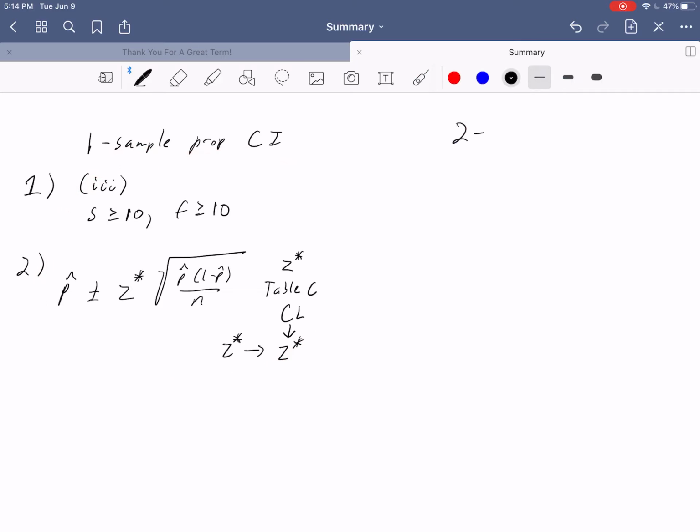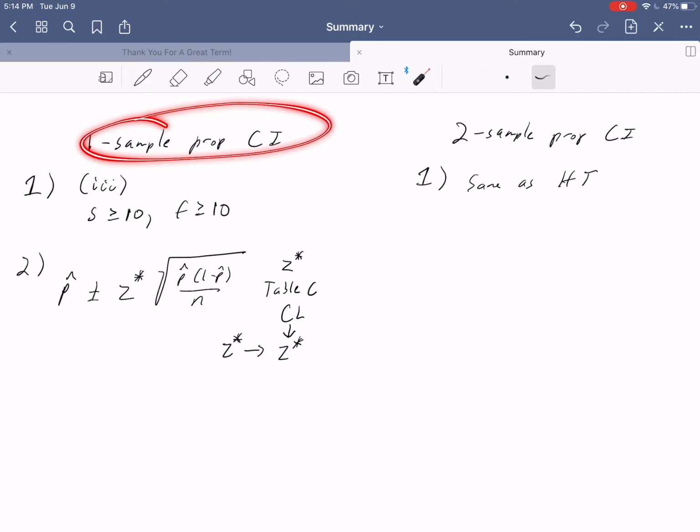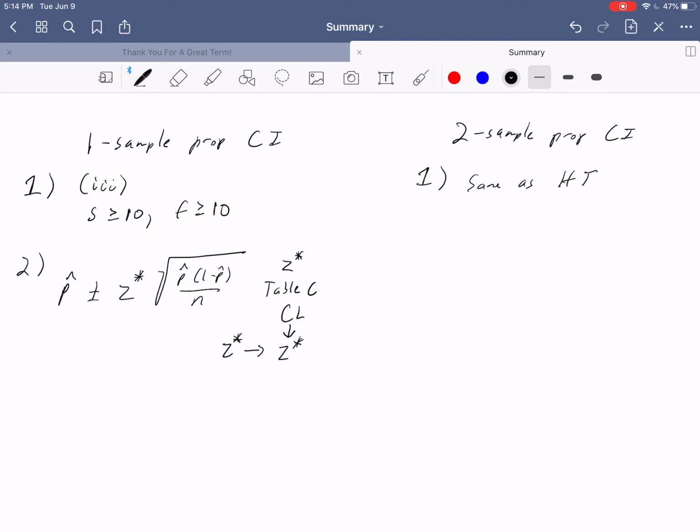Last one, the two sample proportion confidence interval. This one does have the same conditions as its corresponding hypothesis test. So only the one sample proportion has a different third condition.